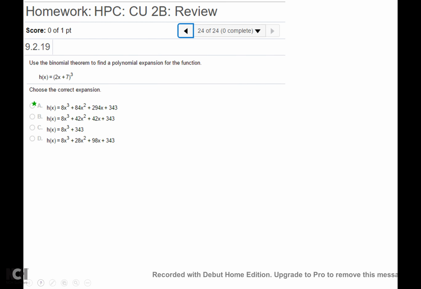Alright, and then it says use the binomial theorem to find the polynomial expansion for this function. Okay, so because my n is 3, first of all we have to find our coefficients, which is going to be 3 choose 0, 3 choose 1, 3 choose 2.